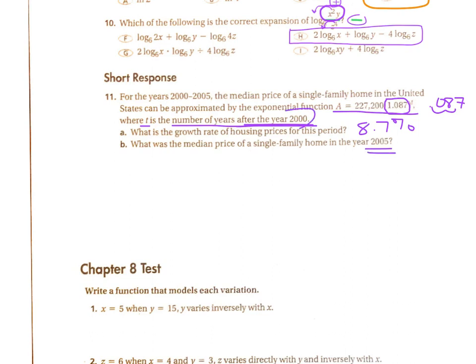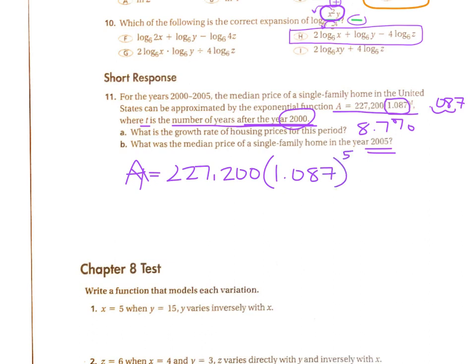And then what is the median price in the year 2005? Well, it's every year after 2000. So 2001, 2002, 2003, so on and so forth. That's 5 years. So we're going to plug this in to exponential growth. And they already laid out the formula for you. Technically, this is an A. A equals, so it's your 227,200 times the number they gave you here, 1.087.